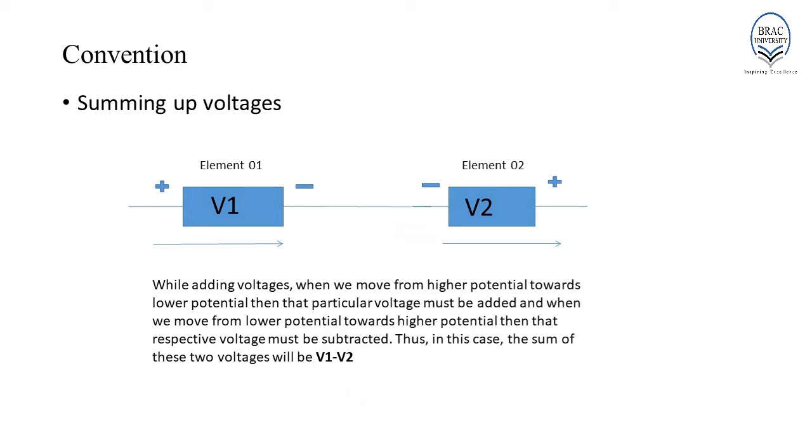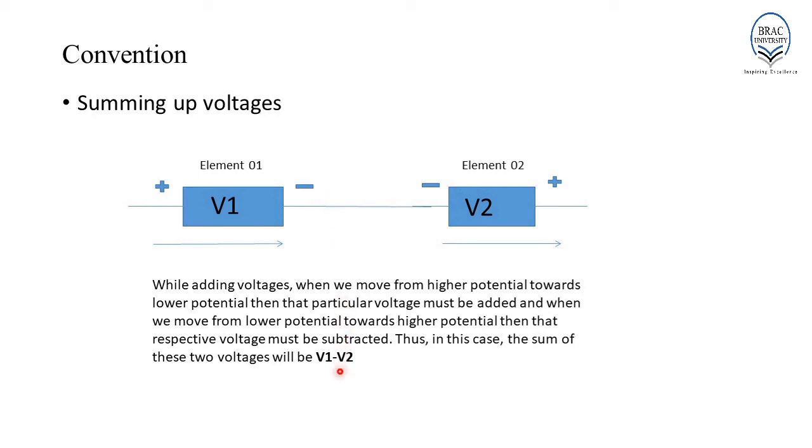The next convention is regarding summing up of voltages. Now, consider that you have two elements, element 1 and element 2. The potential drop across element 1 is V1 and the potential drop across element 2 is V2. As usual, the positive sign represents the higher potential side and the negative sign represents the lower potential side.